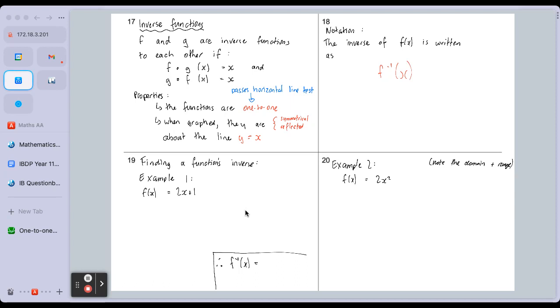How you would say that is f inverse of x. You wouldn't say f to the minus 1, you just say f inverse of x. Or you might say the inverse of f of x if you're describing it in general. But normally it's f inverse of x equals something.